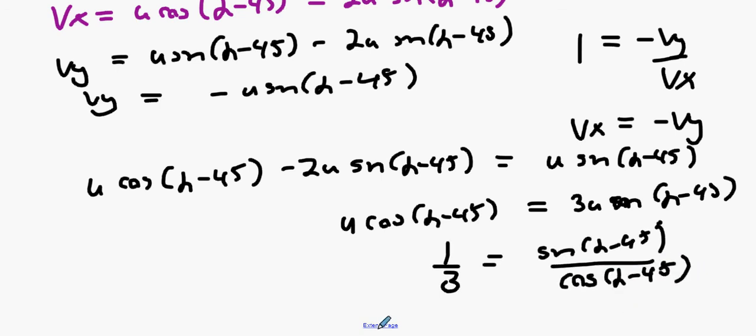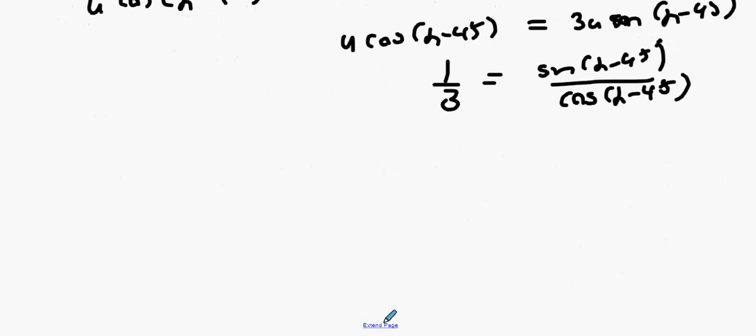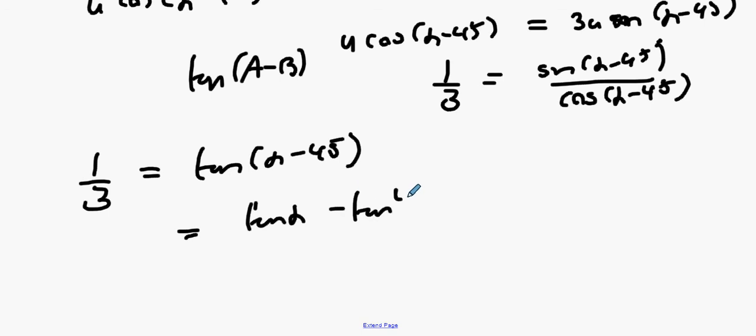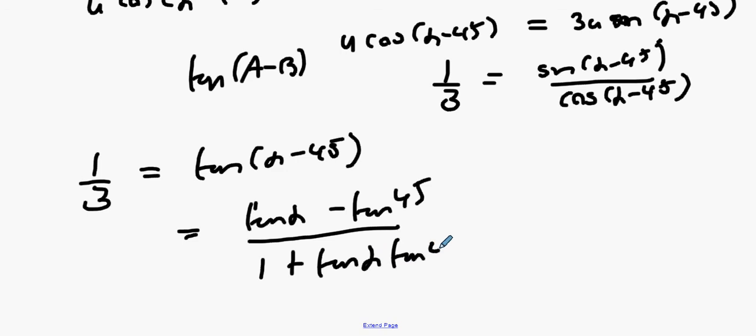What is sin over cos? Excellent. And last thing, what is tan(A minus B)? It's tan alpha minus tan 45 all over 1 plus tan alpha tan 45, equals 1/3.